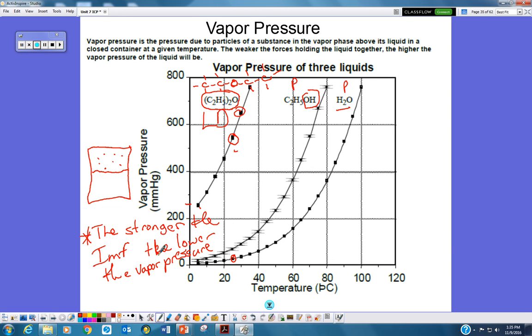The lower the pressure. So think about it like this. Y'all have all seen dry ice, frozen carbon dioxide. What does frozen carbon dioxide do at regular atmospheric pressure and room temperature? It vaporizes, it sublimates. It goes straight from the solid to the gas. In order for us to keep dry ice as a solid, what do we have to do?